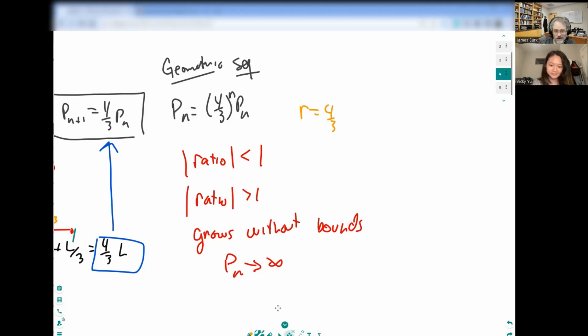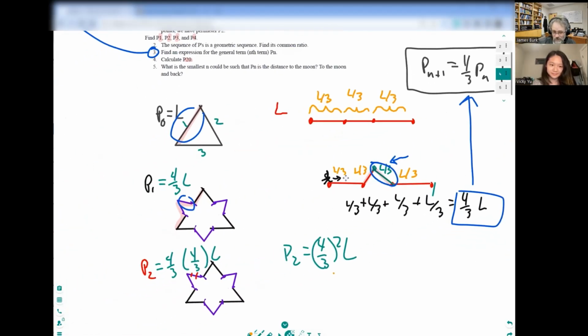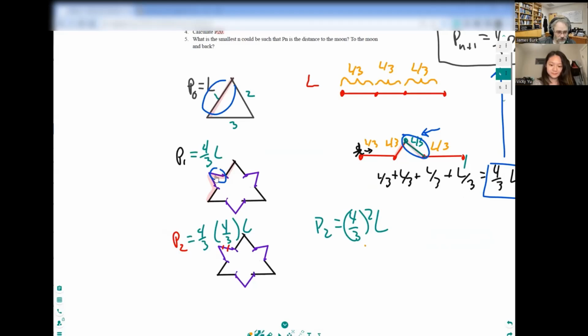Now, another way you could solve this is you could just simply look at the iterations 1, 2, 3, 4, and then you can take P1 divided by P2, or you can take P2 divided by P1. Let's do it like that instead.